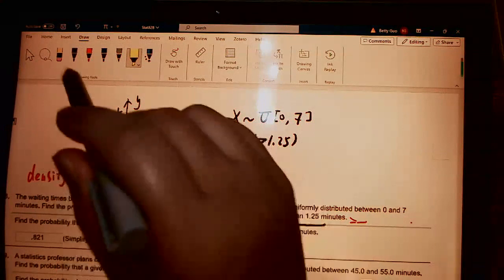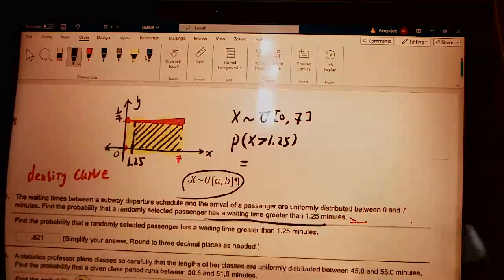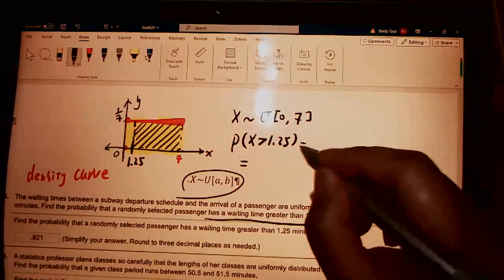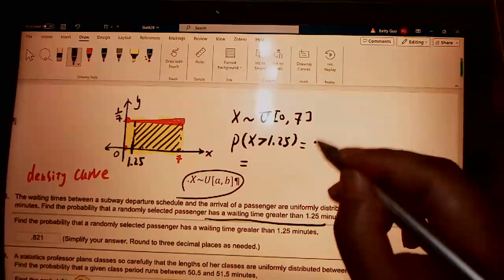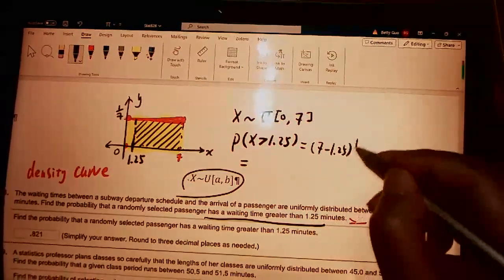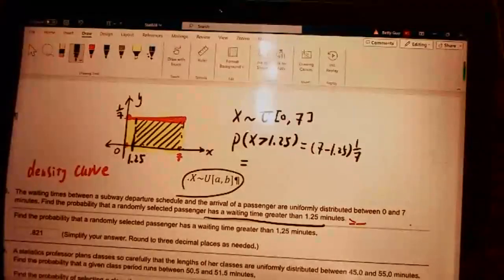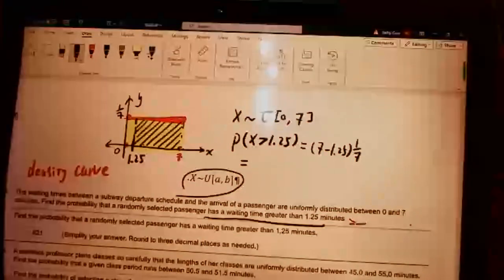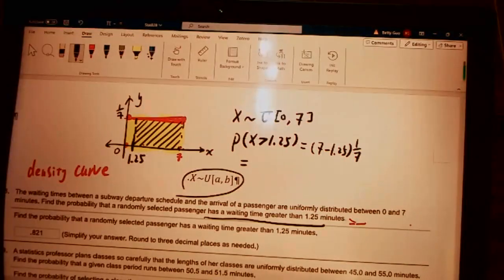Then the shaded region, I have the stripes, would have the area 7 minus 1.25, multiplied by 1 over 7. Let me do that on my calculator. Let's see if we have the same value. 7 minus 1.25 and then divide by 7.